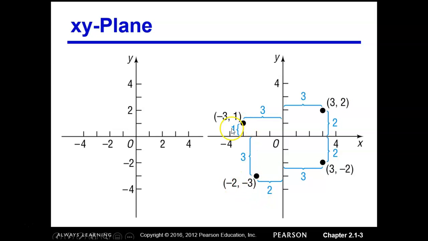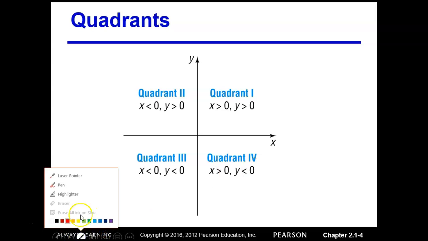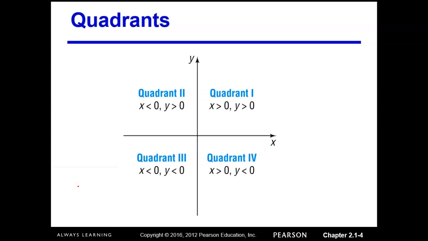But when it gets to the other side, you see (negative 3, 1) is 3 units horizontal, which is always for x, and vertical is always for y. Then we can identify the signs, whether it's positive or negative.